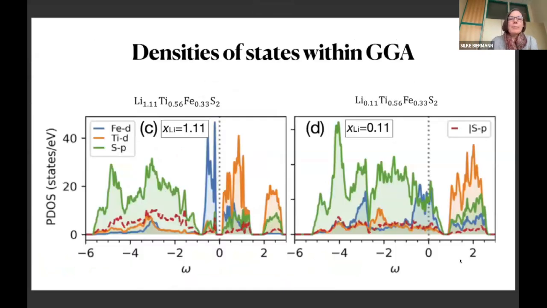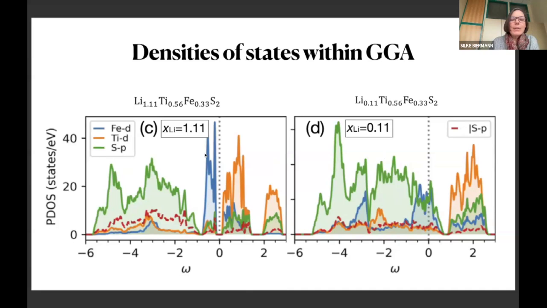Okay, so now let's switch to calculations. This is just a plain vanilla GGA calculation, generalized gradient approximation, for the two end members, the one that I call x=0 and the x=1 compound here. Overall, you see the big chunk of sulfur states here in green in both plots.